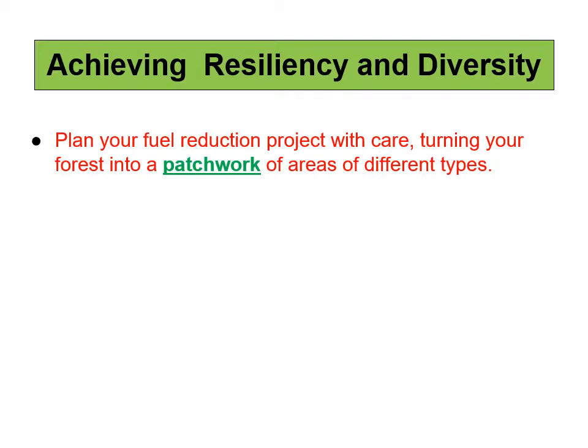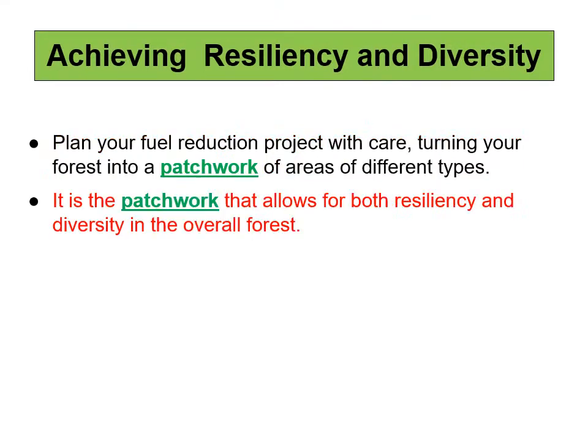How do you achieve a good balance between resiliency and diversity? Well, first of all, plan your fuel reduction project with care, turning your forest into a patchwork of areas of different types. You have to realize that it's the patchwork that allows for both resiliency and diversity to exist in the overall forest in some balance.